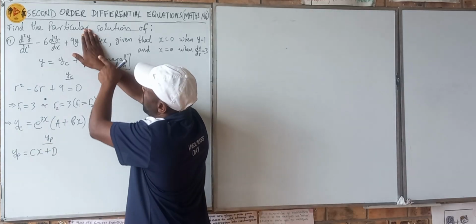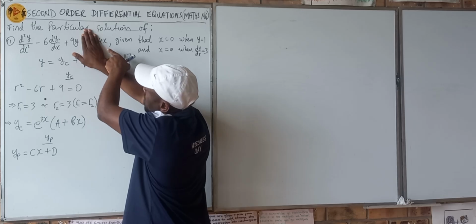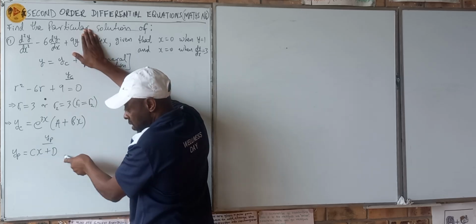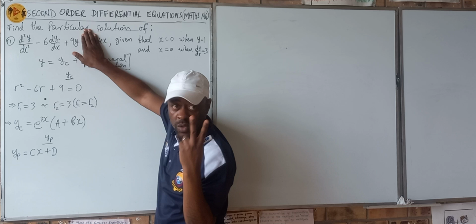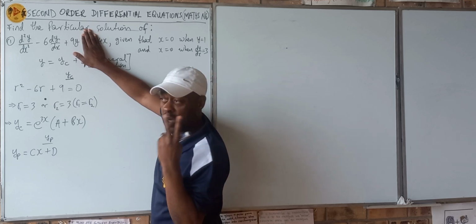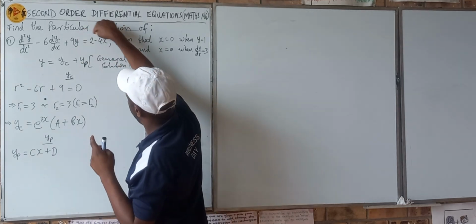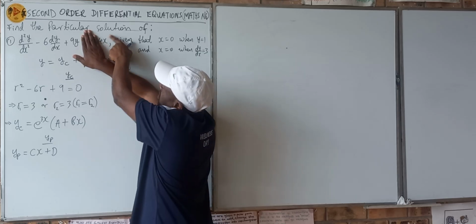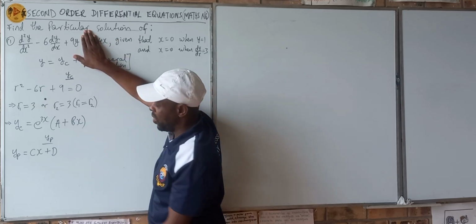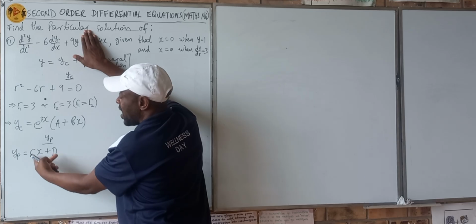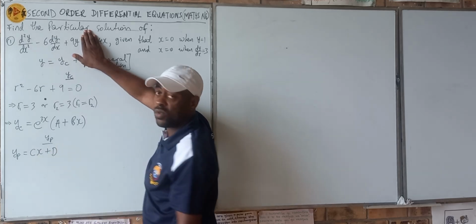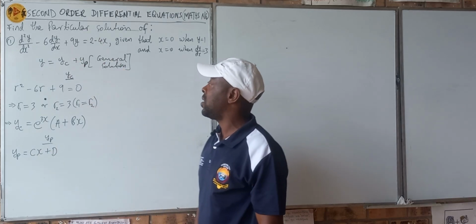Even if my right hand side only had 4x, which is linear, my yp must be chosen like that, to have 2 terms all the time. Because what makes it linear is not the 2 terms, it's the fact that I'm seeing x to the power 1. So when choosing my yp, I must always choose a standard linear function with 2 terms. So that's my yp.